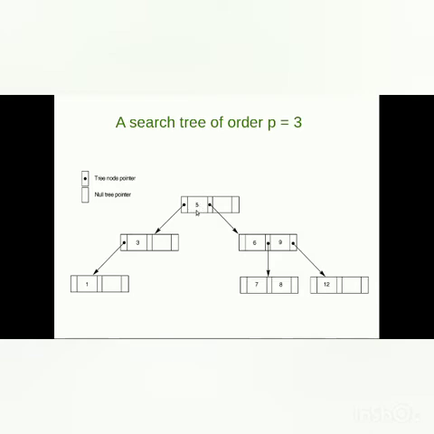Here the root has key value 5. 11 is greater than that, so we move to this branch, where 6 and 9 are the key values. It is again greater than 9, so we go to this branch. Here there is no 11, so the key is not found. If it were present, you could find it. This is how a tree search works.